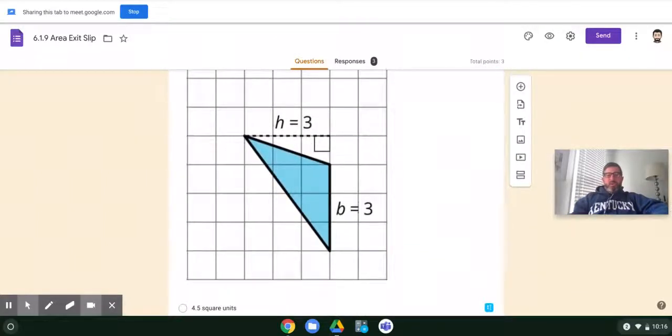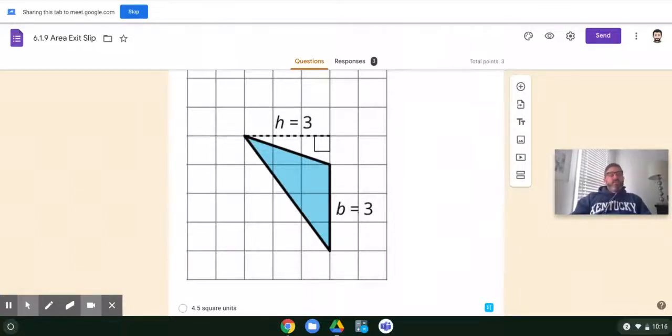So which one is our base in this triangle here? Three, that's right. So this one's a little trickier. Just like with parallelograms, we can pick any side of a triangle to be our base.